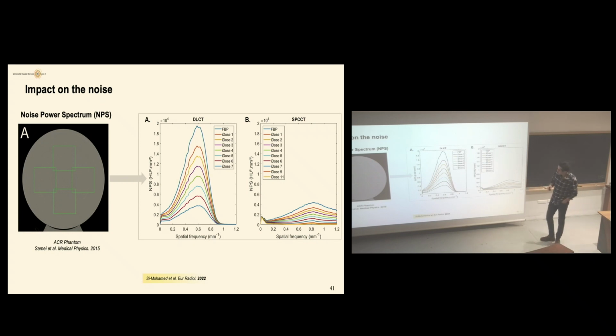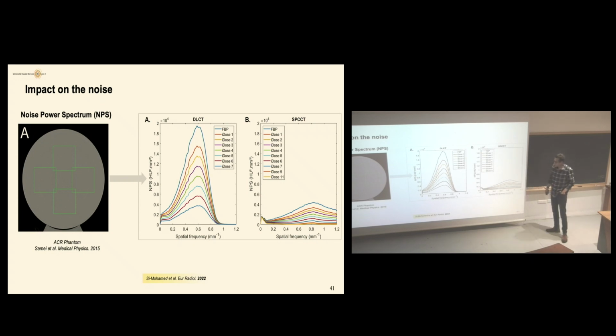Here you see the impact on the noise. So you see two graphs. On the left side, this is the dual layer CT we are using in clinical routine, and the spectral photon counting CT. Those CTs are from the same manufacturer. The scale is the same, the y and the x-axis are the same. You have the spatial frequency and you have the NPS here.